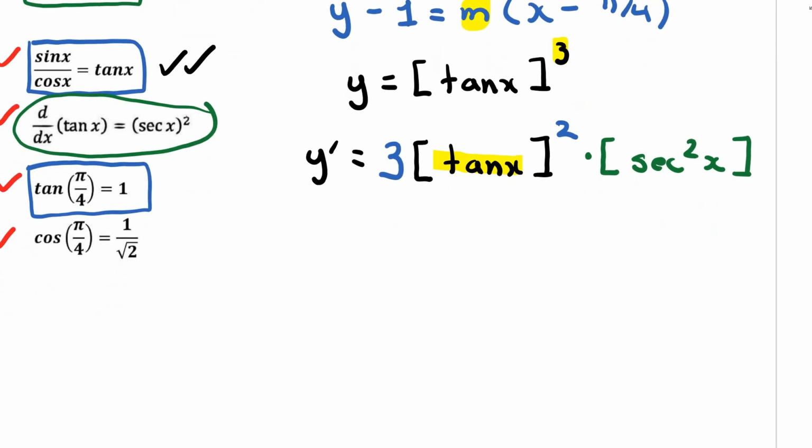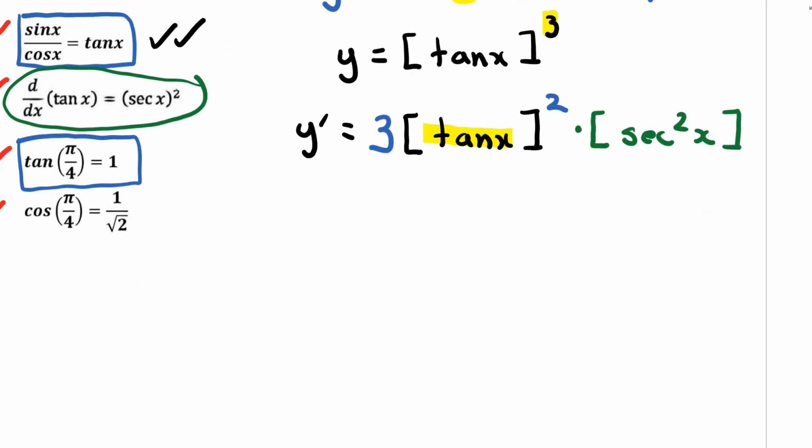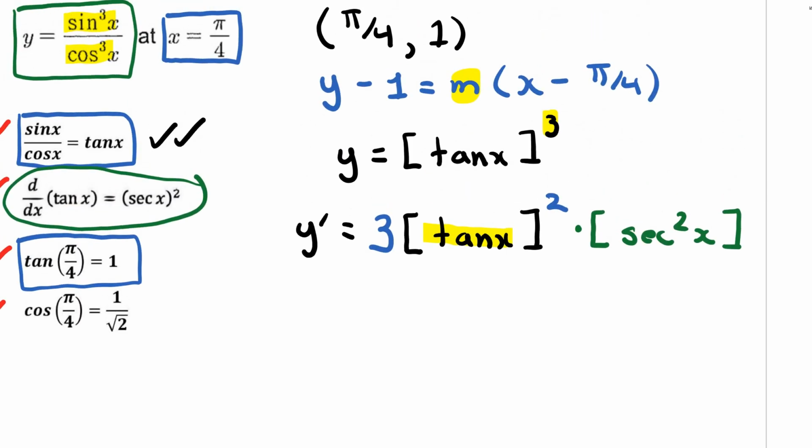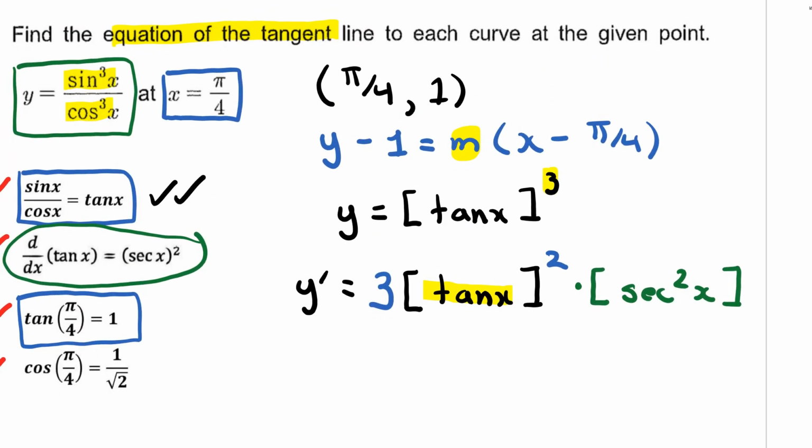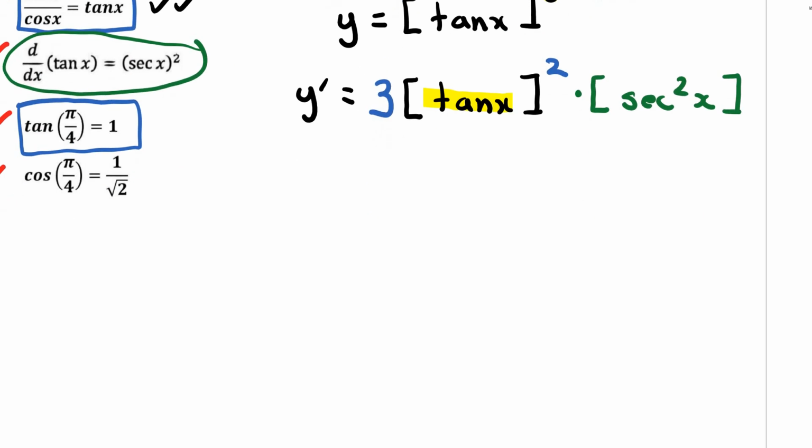I guess one more thing now, we need to find the derivative at pi over 4, right? So that's the derivative expression there, and I'll change my notation here and write this as f prime of pi over 4. What that means is anytime we see the x values, we need to replace that with pi over 4.